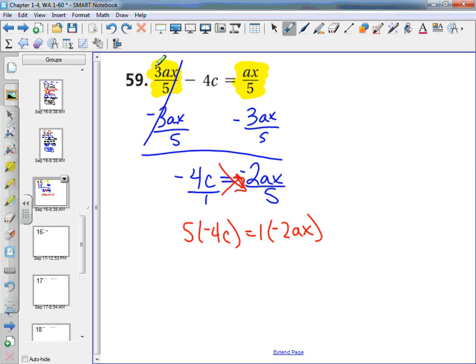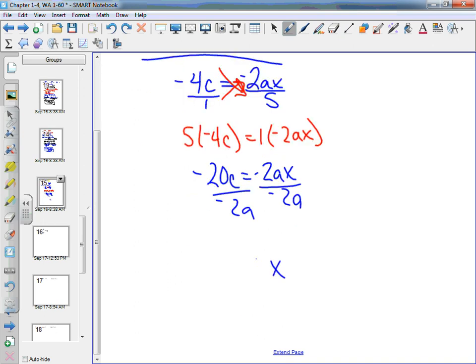Yes? Negative 20c is equal to negative 2ax. What am I solving for? Divide by negative 2a, and x is equal to negative or positive 20c over 2a, which is actually 10c over a.